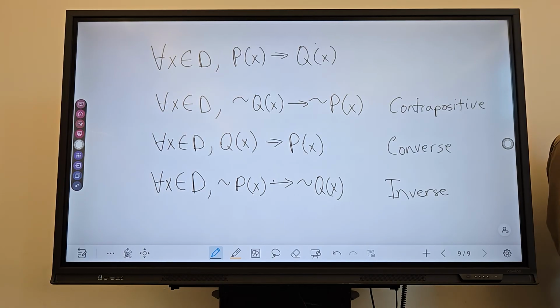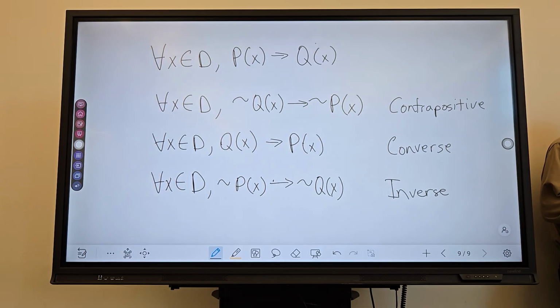The contrapositive: if the square of a real number is less than or equal to 4, then the number is less than or equal to 2. That is an equivalent statement.